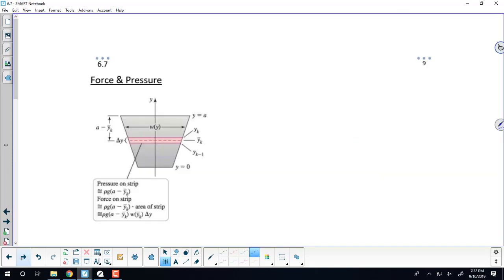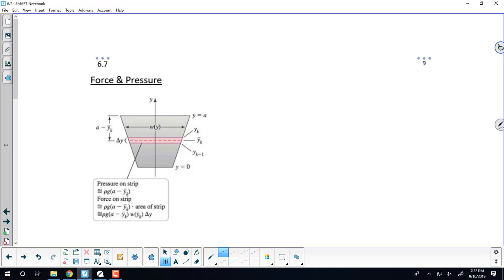Okay, let's introduce this and then we'll take a break. So we're going to shift our focus now to measuring pressure on a face, like the face of a dam or something. This time, instead of concerning ourselves with the volume, like we did when determining work, we're just looking at the surface area initially.